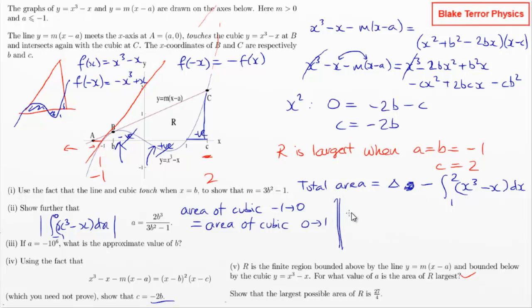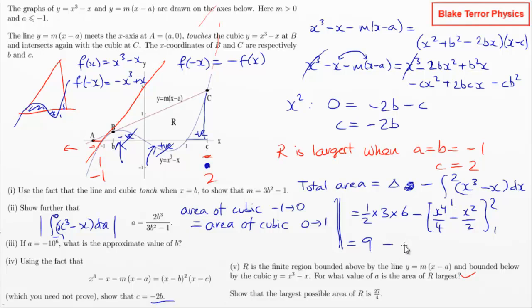The area of the triangle is half the base, and that's going from -1 to 2. So it's a half times 3 times the height. And the height is going to be whatever it is when x is 2. So that is 2 cubed minus 2, which is 6. So that's the area of the triangle. Then we've got this. So that is going to be x to the 4 over 4 minus x squared over 2 between 2 and 1. So that comes out as 9.